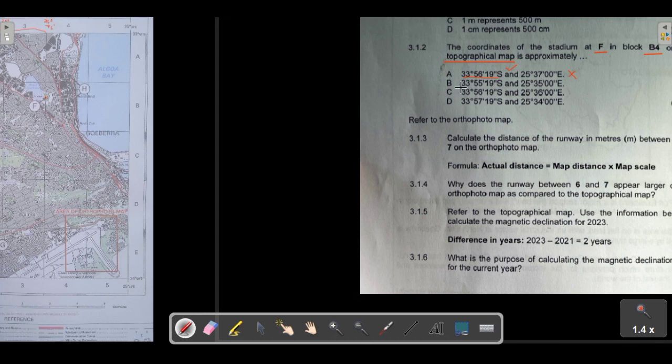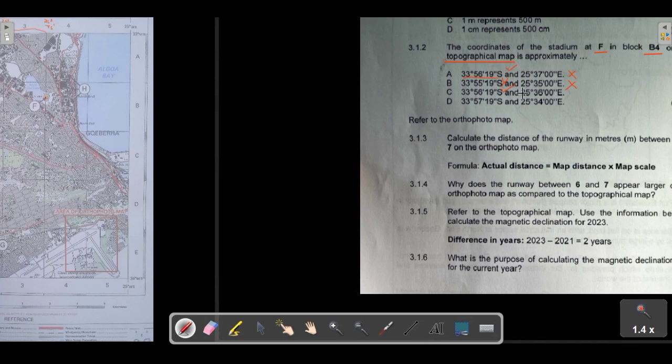Let's look at the following one. B, 33 degrees 55 minutes. It's already wrong. We don't have 55 minutes, so this is already incorrect. We have 56 minutes, right? And then let's look at C, 33 degrees 56 minutes 19 seconds. This part is correct.